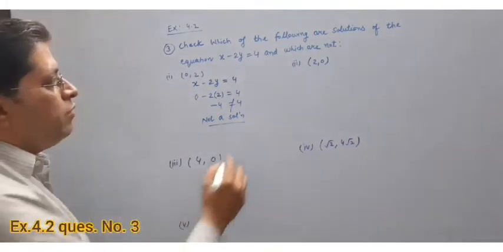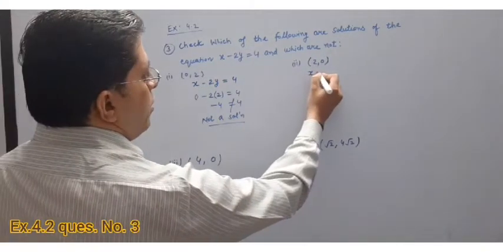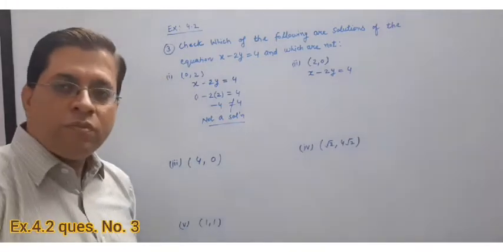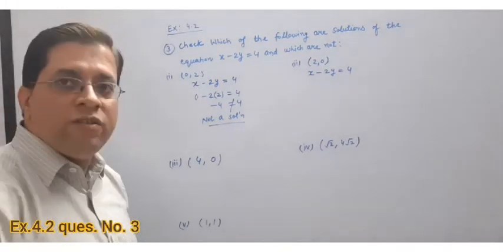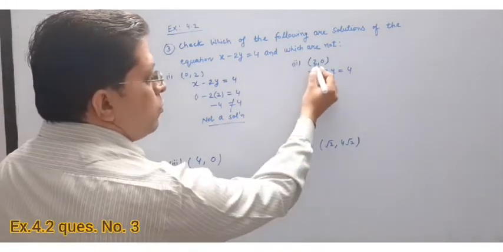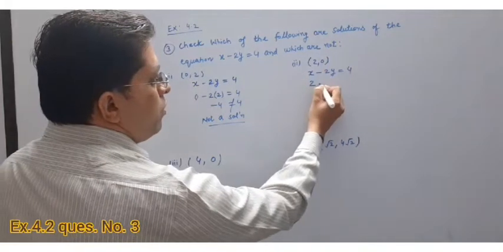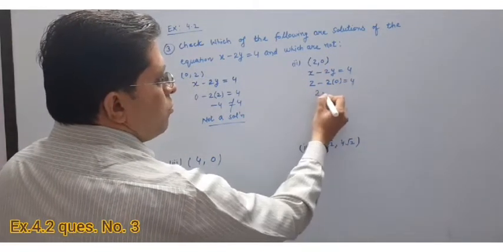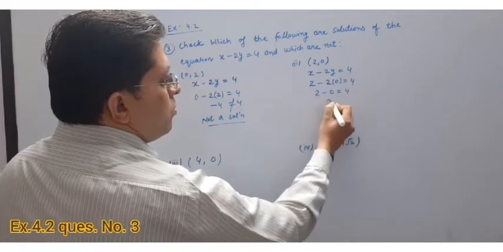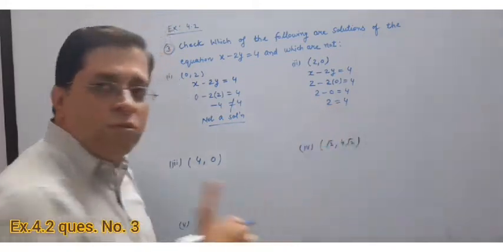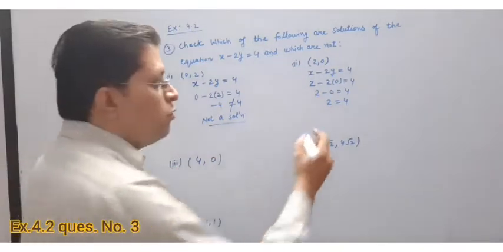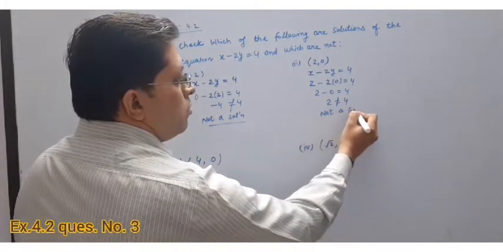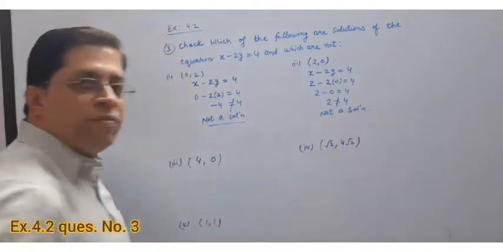Come on for the second one. Again you write x minus 2y is equal to 4. Let me see whether both the sides are equal or not. Put 2 in place of x, and 0 for y. 2 minus 0. Is 2 equal to 4? No, 2 is not equal to 4. This is also not a solution of this.